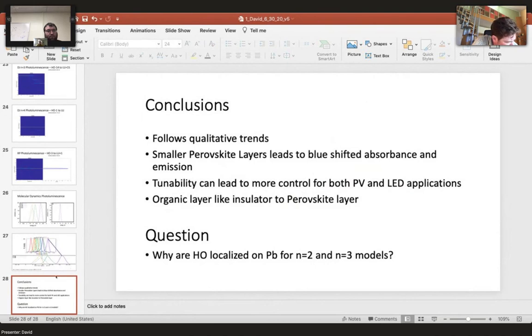And the organic layer appears to insulate the perovskite layers for a model. I also listed a question that Aaron answered during the talk.